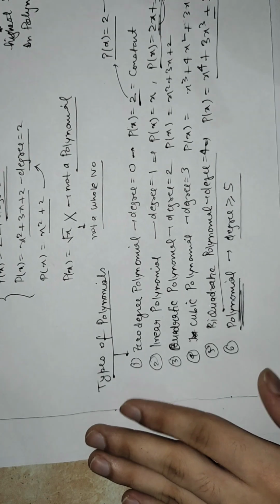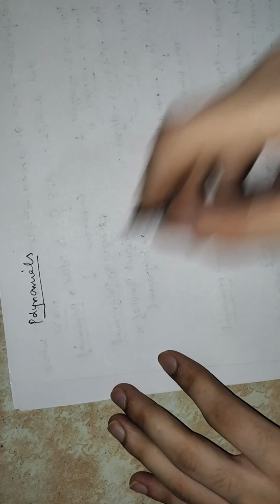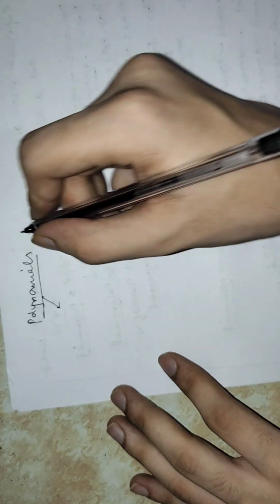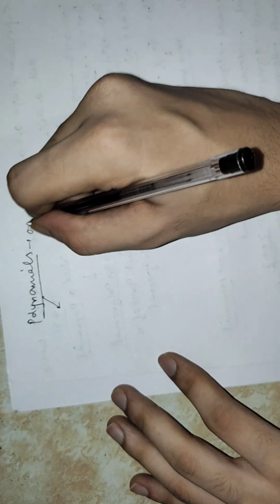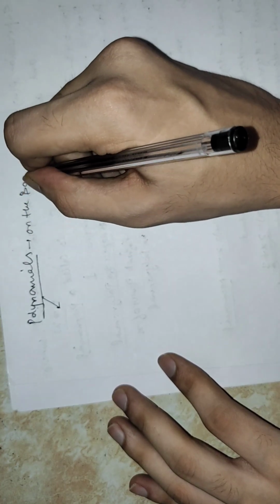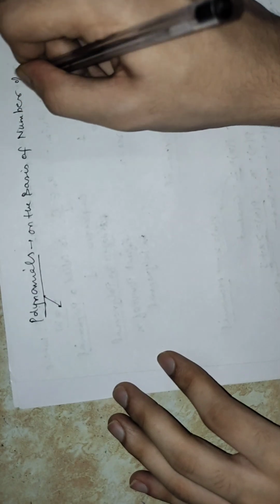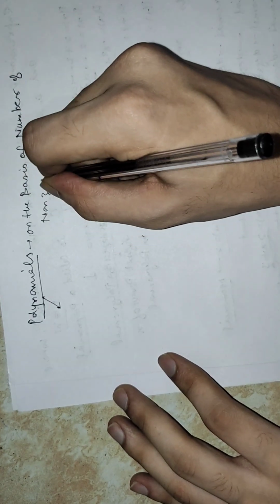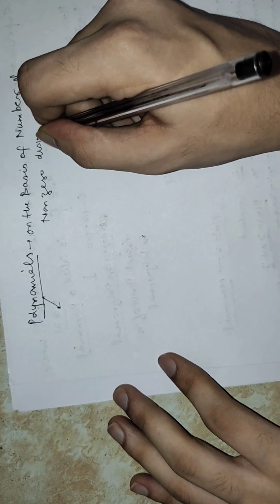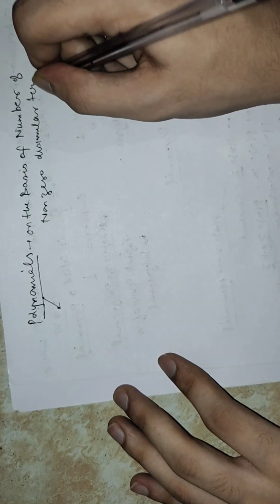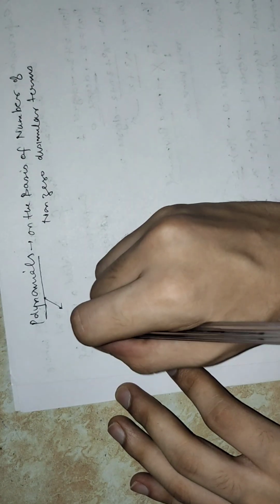Similarly, we can classify polynomials into different types on the basis of the number of non-zero dissimilar terms, right?